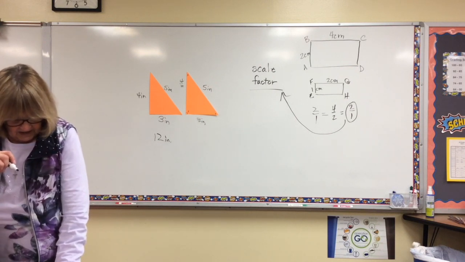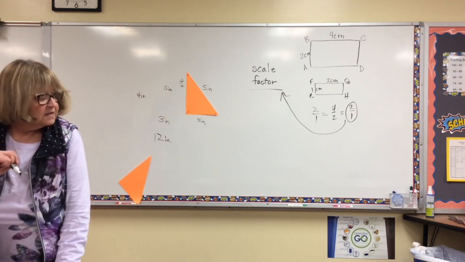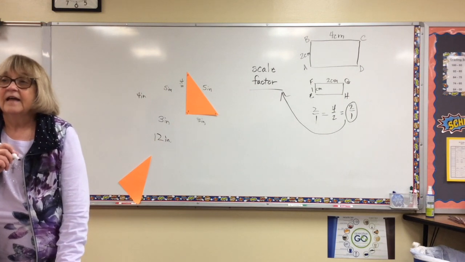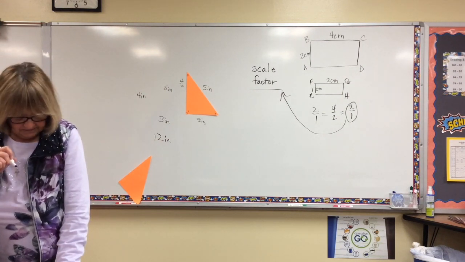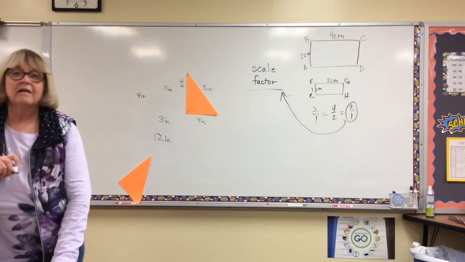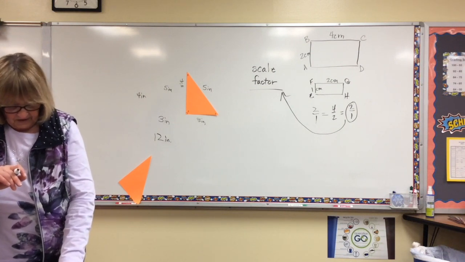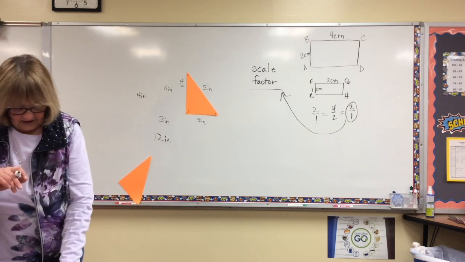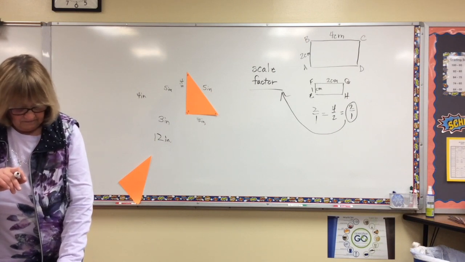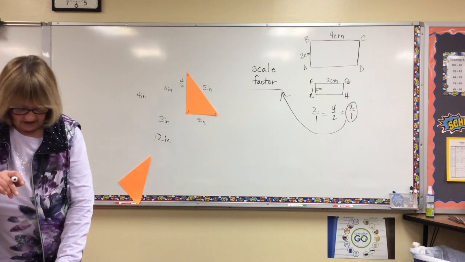Moving on to E. Which two triangles appear to be similar? Similar means they have equal angles. Well, one is definitely smaller than two, but if we did a reflection on it and flipped it over so it was pointing the other direction, it would have the same size of angles.